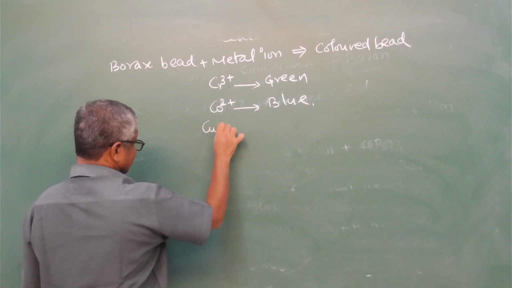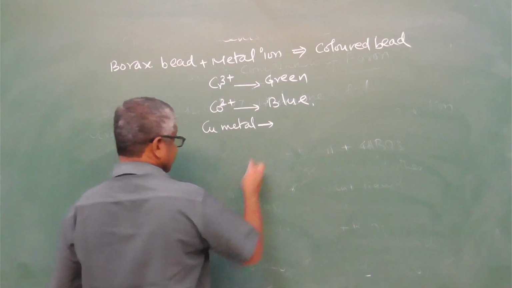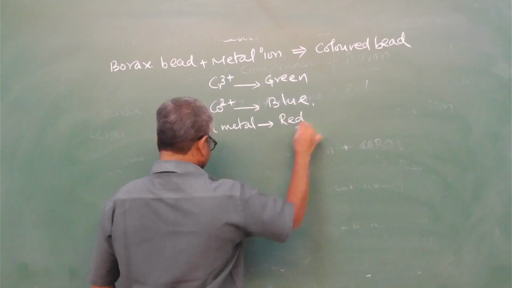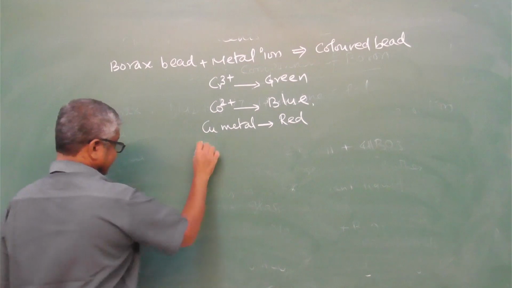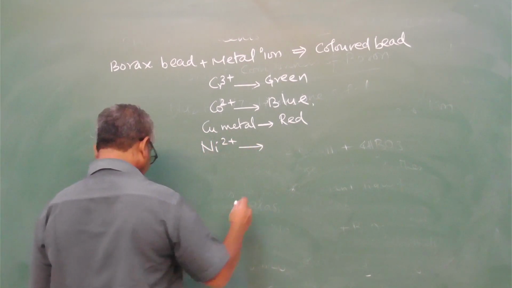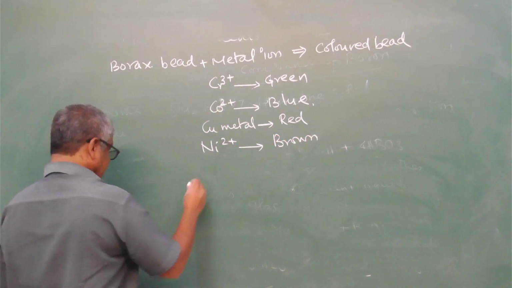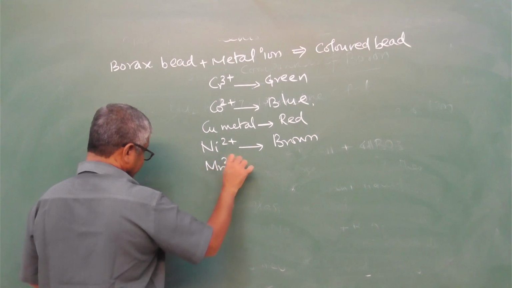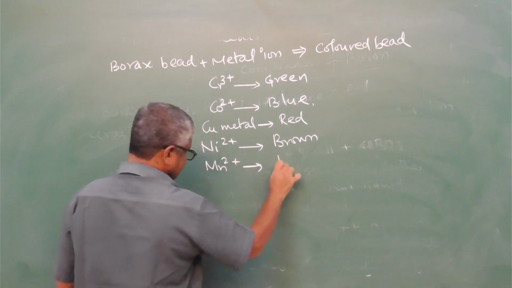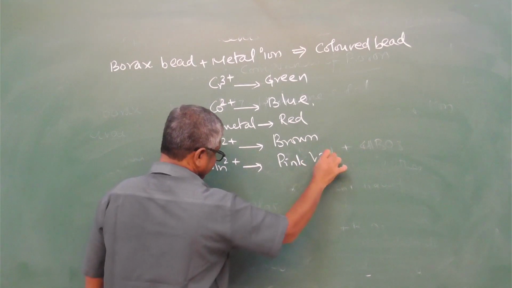Copper gives red color, and nickel 2 plus gives brown, and manganese 2 plus is responsible for pink violet.